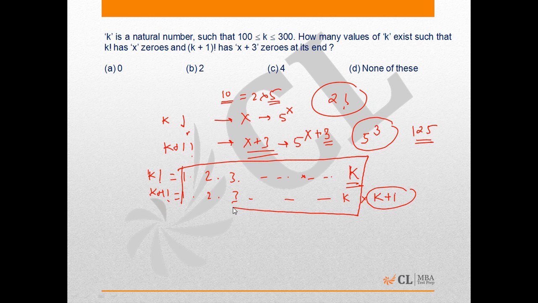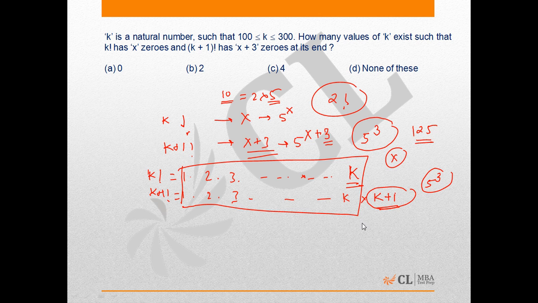This part of factorial k and factorial k plus 1 will contribute for x zeros, so the additional 3 zeros in k plus 1 factorial are contributed by k plus 1, and for 3 additional zeros we need 5 raised to power 3.